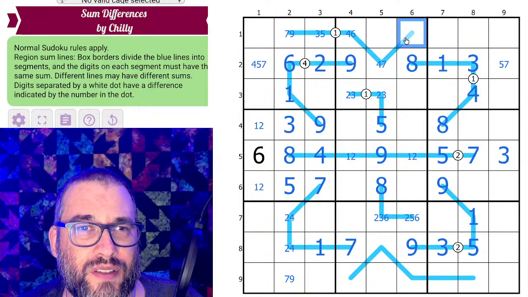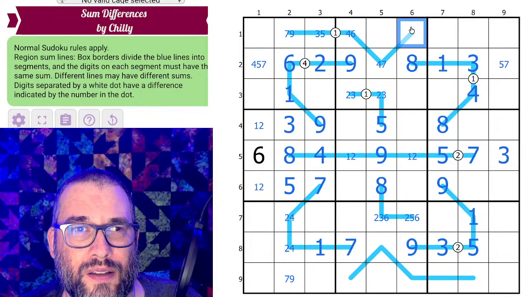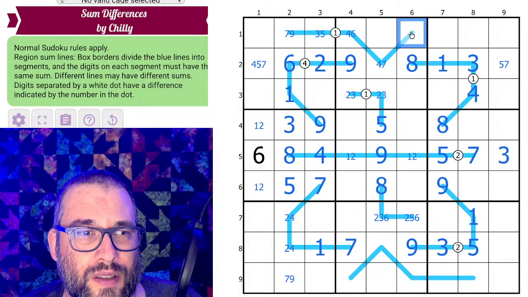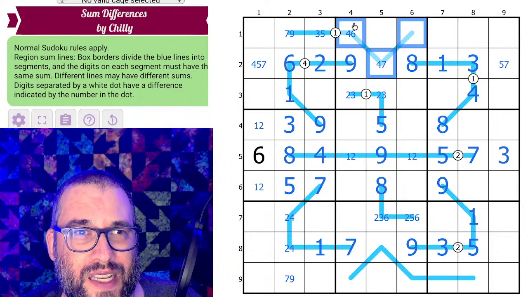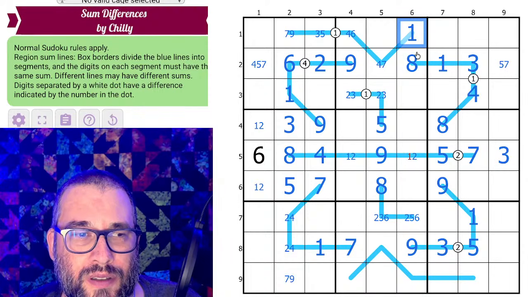Yeah, if this isn't a 1, then this is minimum 15. Doesn't work. So this is a 1.